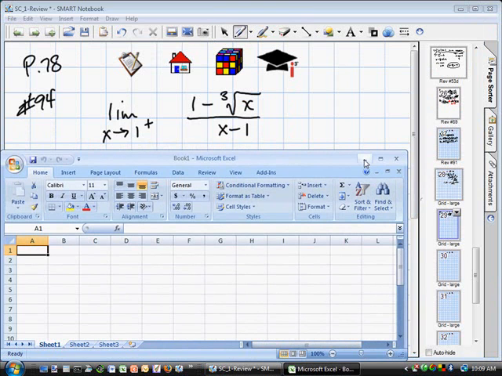Okay, so I can see the formula. Now what we want to do is put the formula in here. We're going to take what's in cell A1, which I haven't defined yet.